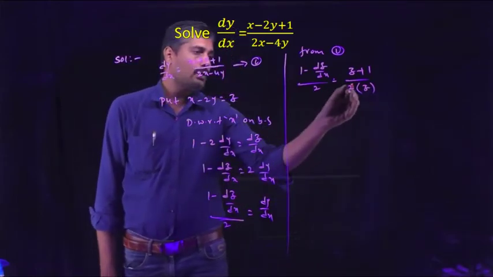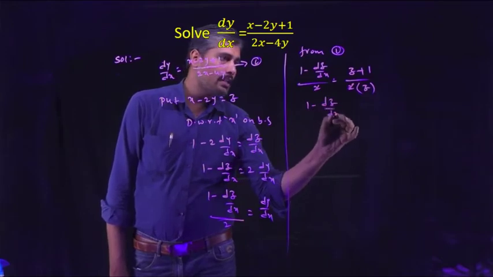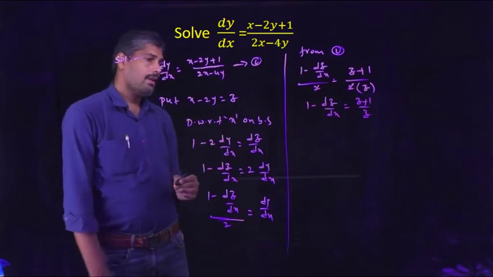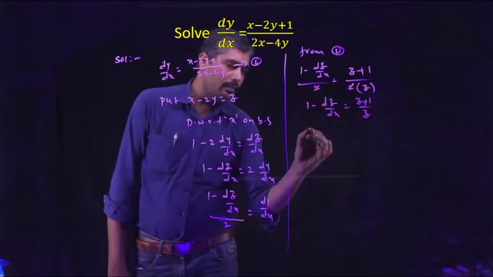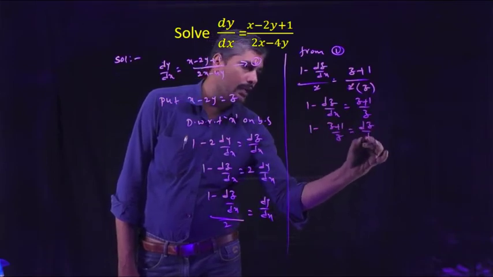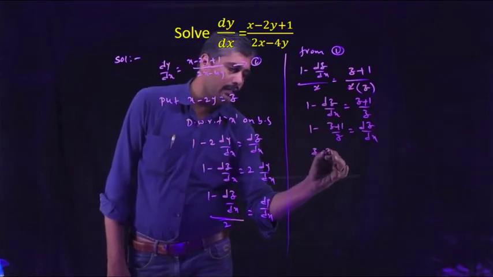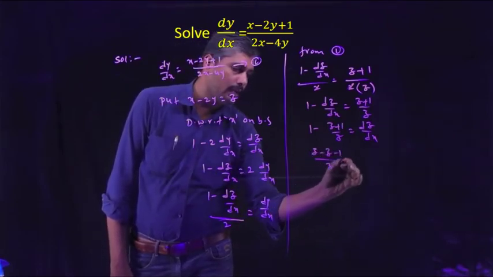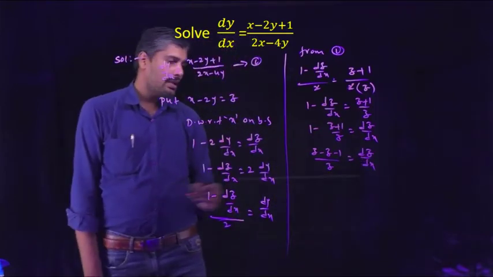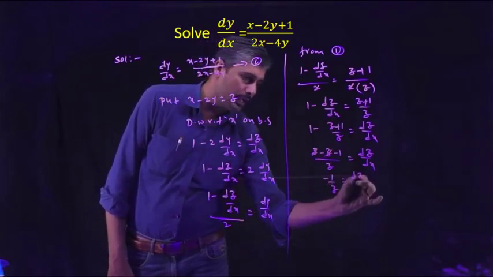Right, here 2 cancel, that is 1 minus dz by dx equal to z plus 1 by z. Then take the LCM, that is 1 minus z plus 1 by z equal to dz by dx. Take the LCM, then we get z minus 1 by z equal to dz by dx. Here z cancel, that is minus 1 by z equal to dz by dx.